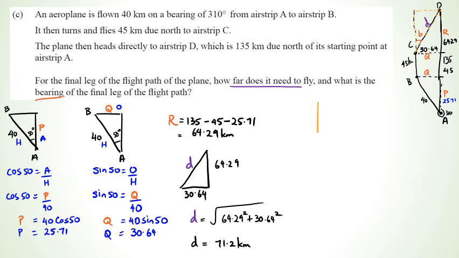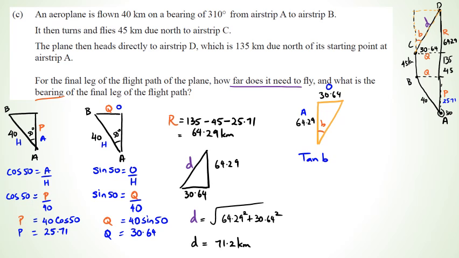With the yellow triangle, it just makes solving B a lot easier. That top part of that yellow triangle is going to be 30.64, and the side part here, which is R, that's going to be 64.29. So now I could use SOHCAHTOA again. So I've got opposite and adjacent.